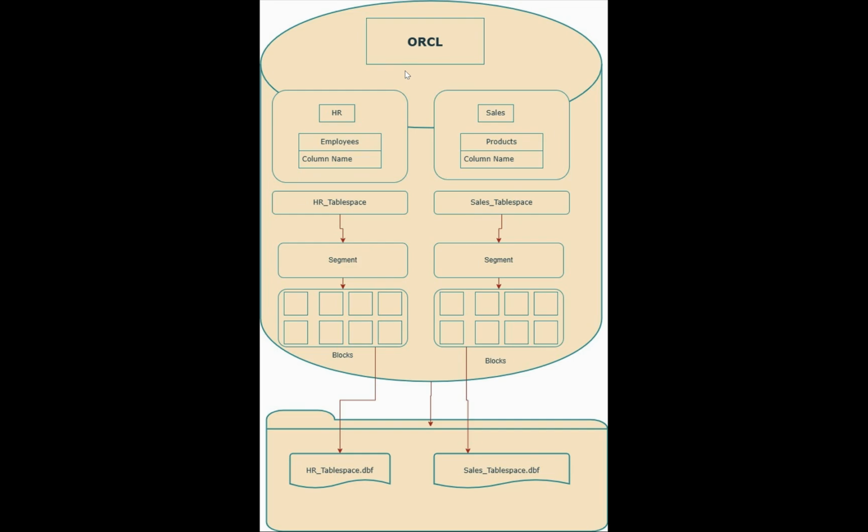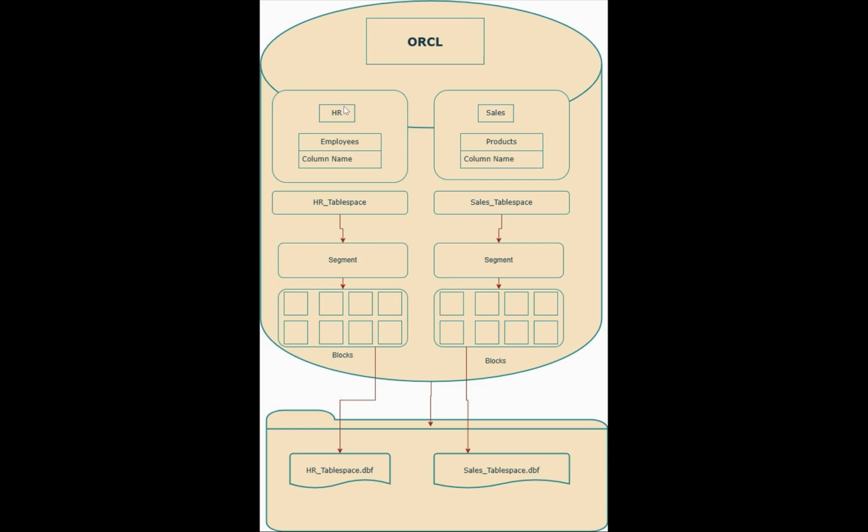So let's assume that we wanted to create an employees table in the human resource schema, which is nothing but the HR schema. We can create it, and this HR schema should always be tied to some tablespace, which is essential to indicate where exactly this data is going to be stored.